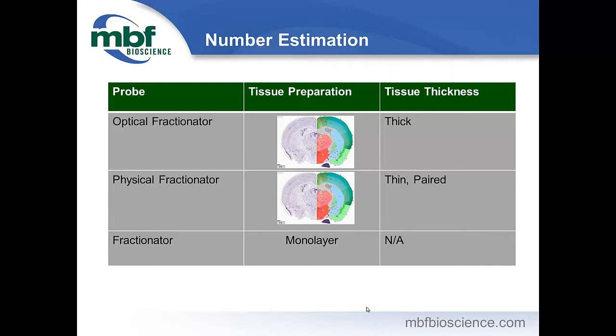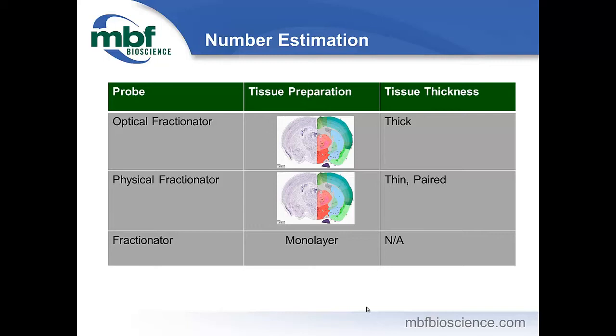Right, and when we talk about stereology, we want to get you back to being efficient. And so the physical fractionator has specific applications where it is the most efficient and accurate method for estimating number, for example. But we really recommend that you prepare your tissue where the tissue is cut thick, the staining penetrates all the way through, so that you can be more efficient and get your answer faster.